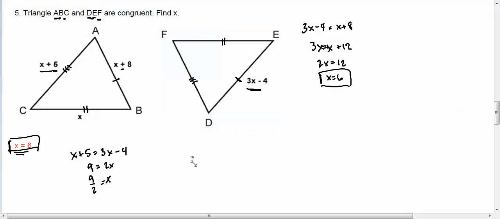Back in the original triangle, I think the mistake was that you should have put this one here and this one here. And if you switch those, the problem would be much easier, or more consistent, I suppose.